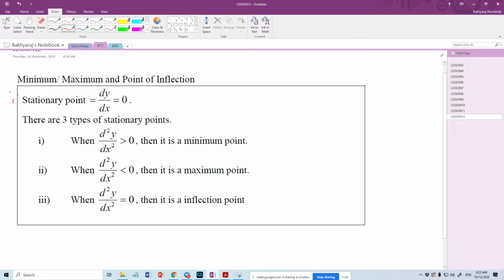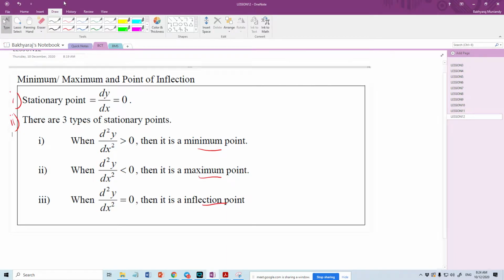From the stationary point we need to identify which category it belongs to. We actually have three types of stationary point: minimum point, maximum point and point of inflection. So once we know where there's a stationary point, we need to identify whether it is a minimum point, maximum point or point of inflection.